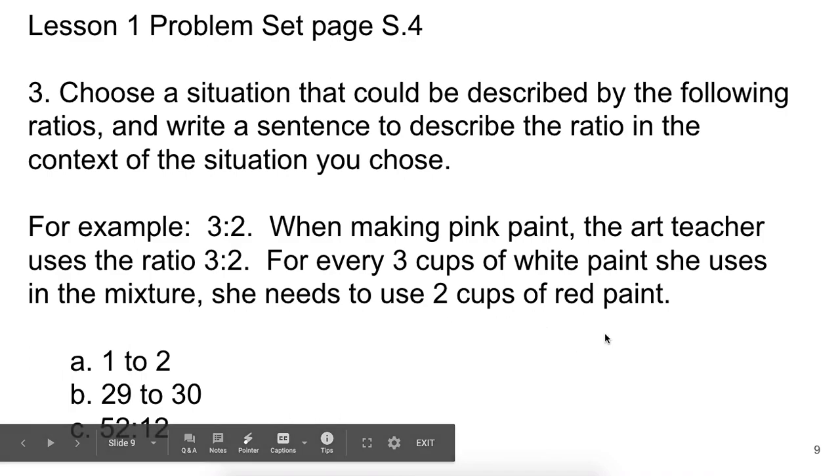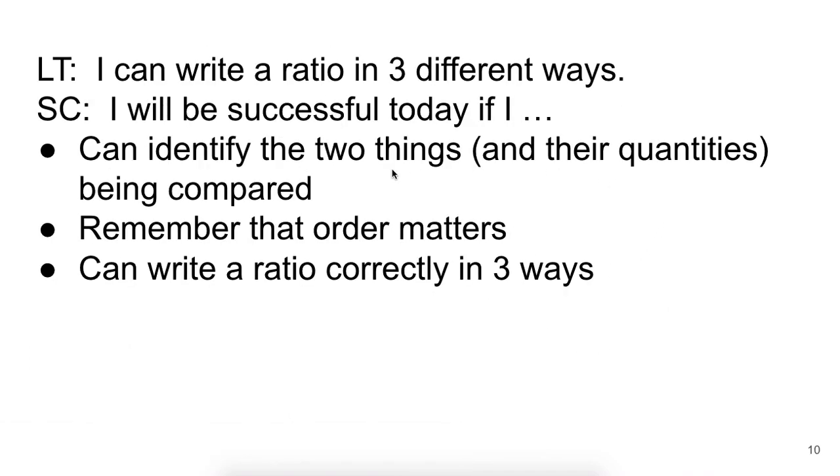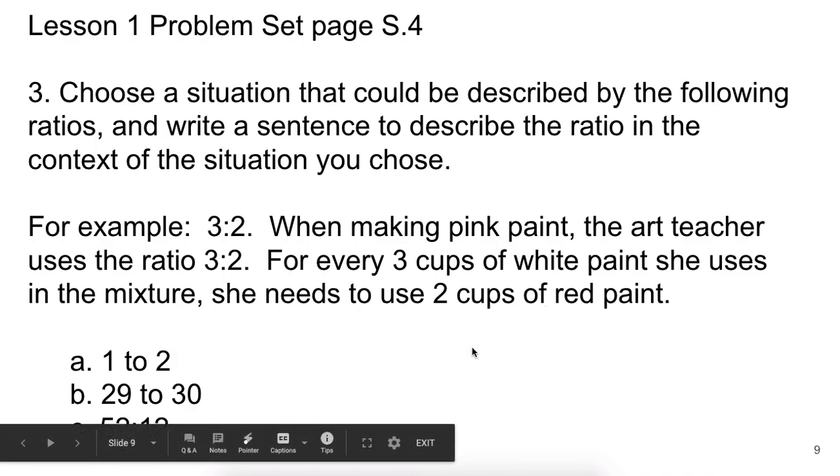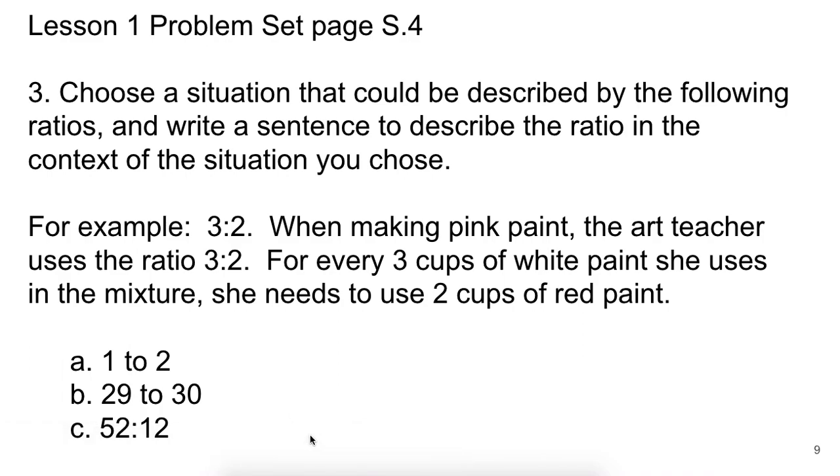And you could say for every 1 cup of flour needed in the recipe, it requires 2 cups of water or something like that. And the baker is making a recipe or something like that. So you can just make up any kind of a story or any kind of a ratio for these. The next one, so there is no right or wrong answer for these. You're just making up a ratio.